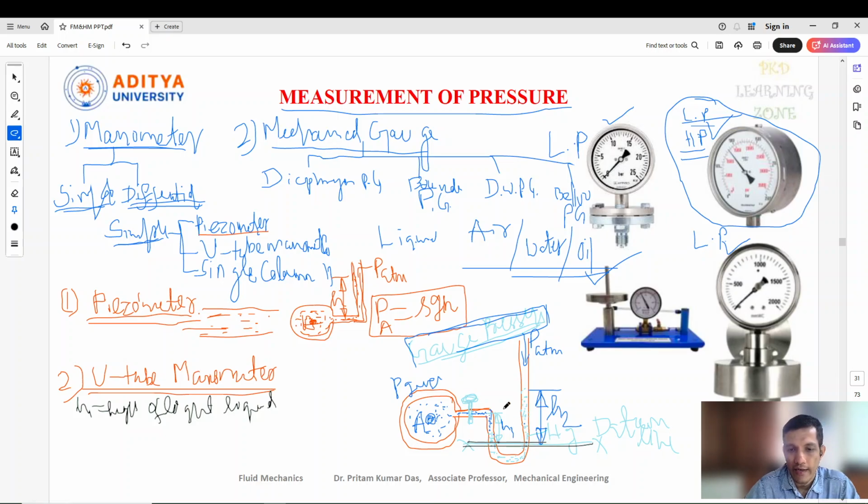Similarly, H2 equals the height of the heavy liquid, which is above the datum line again.